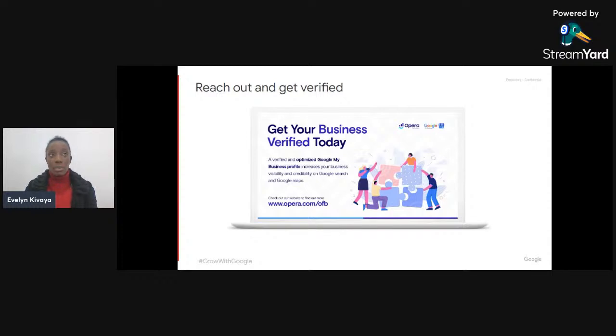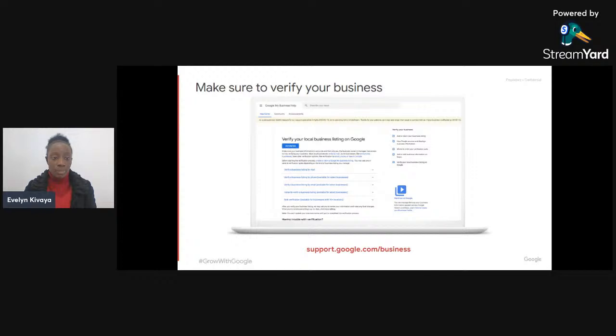But if you need a faster verification, you can contact Africa 118, or you can even contact Opera. Opera is also a Google partner, and it can help you get verified. The next step is to ensure that your business has been verified, as after it is verified, it is able to reflect on Google Business Profile.